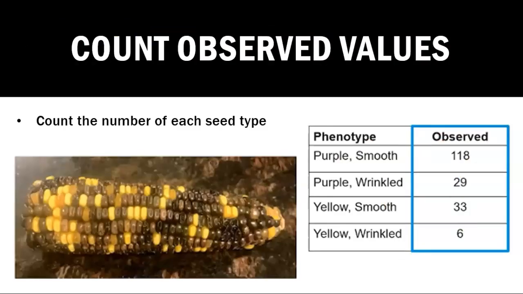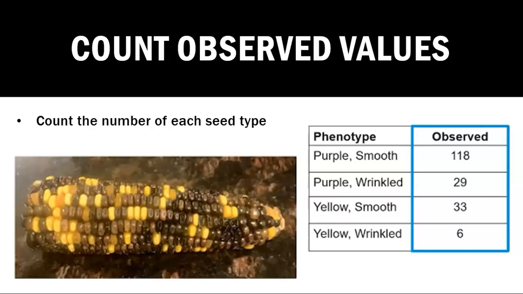The very first thing that we're going to do is count the observed values. Literally, guys, pretend you have this piece of corn in front of you. I know I did. I went through and counted every type of phenotype combination that exists on my corn. That means I counted every single seed. In total, I counted 118 purple and smooth seeds.